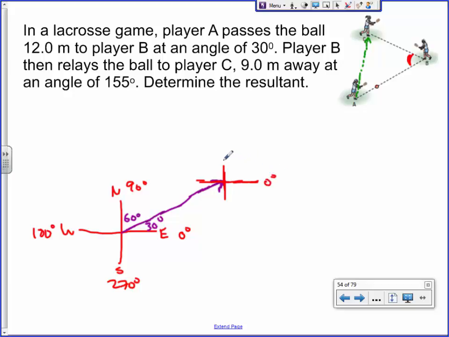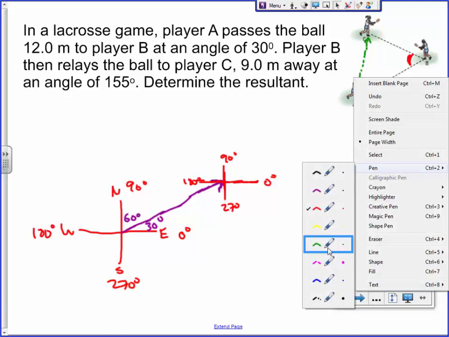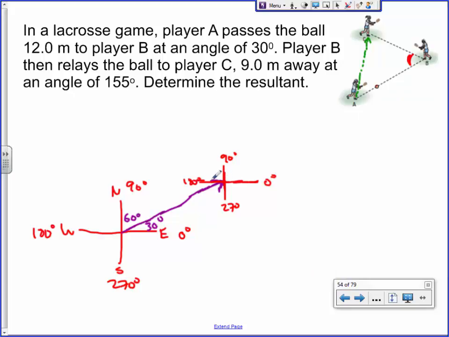This is 0, this is 90, this is 180, this is 270. 155 must be somewhere between the 90 and the 180 spot, right? So 155 must be about there. That makes sense. From here to here is 90. All the way around to there must be 155.